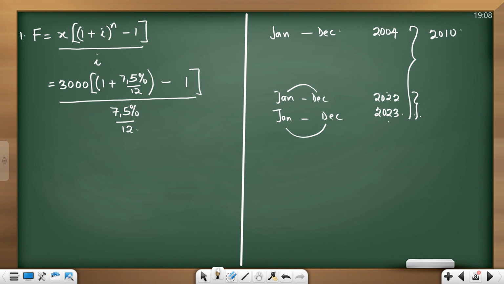Do you notice how many we counted? 7. So, top minus bottom plus 1. So, my n, therefore, will be what? 2023 minus 2004 plus 1. So, which is 2024 minus 4. 20 years. Make sense? All right, so 20.